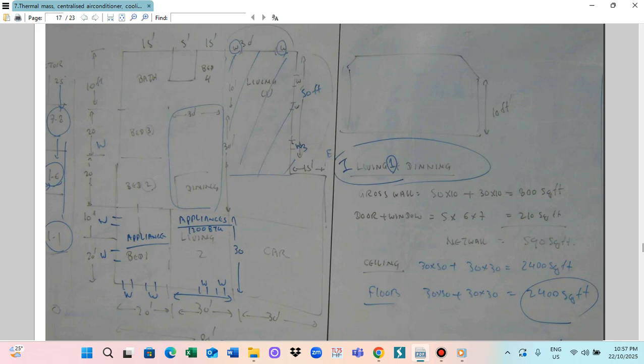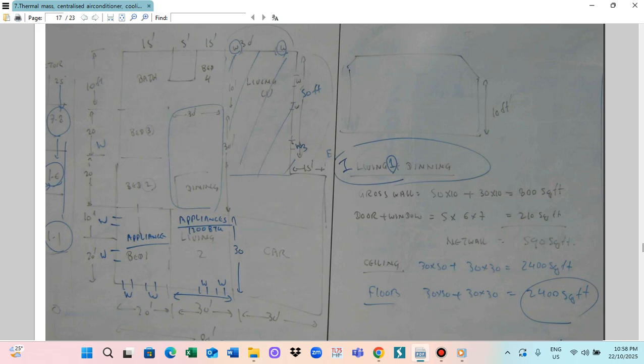The living room area is this one, the dining room area is this one. So the ceiling's total area will be 30 multiplied by 50 plus 30 multiplied by 30. Then you get 2400 square feet.